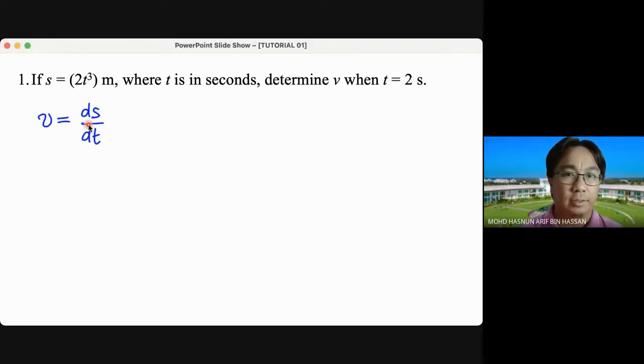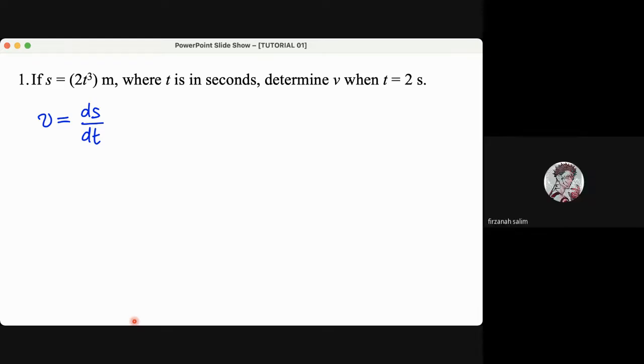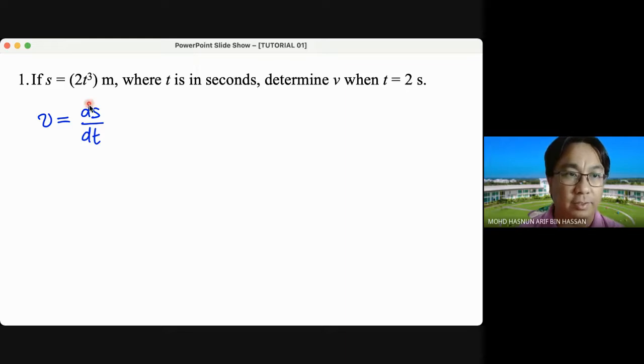Okay, good. Who answered? Firzana. Very good, thank you, Firzana. We want to get the velocity, and we know the relationship between velocity and displacement. Displacement is given here, so V equals ds over dt. Now you need to differentiate.